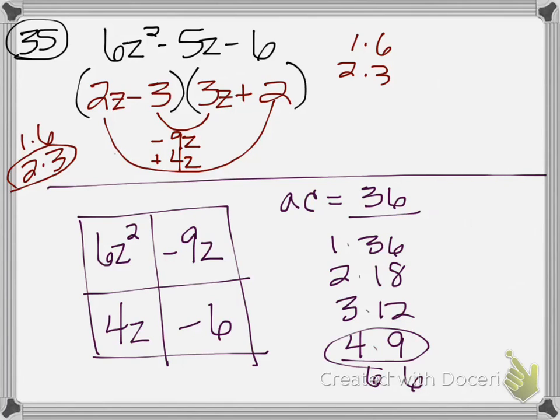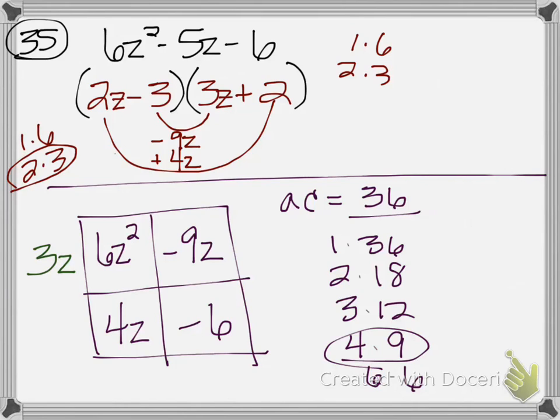Then do you remember what we did after this? We find the GCF of each row and each column. The GCF, let's do the rows first, so going across. 6z squared and a minus 9z, they have a 3z in common.